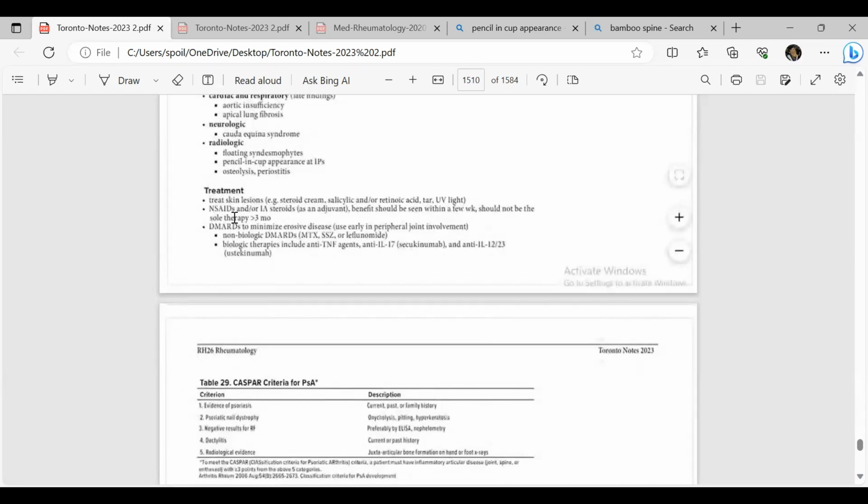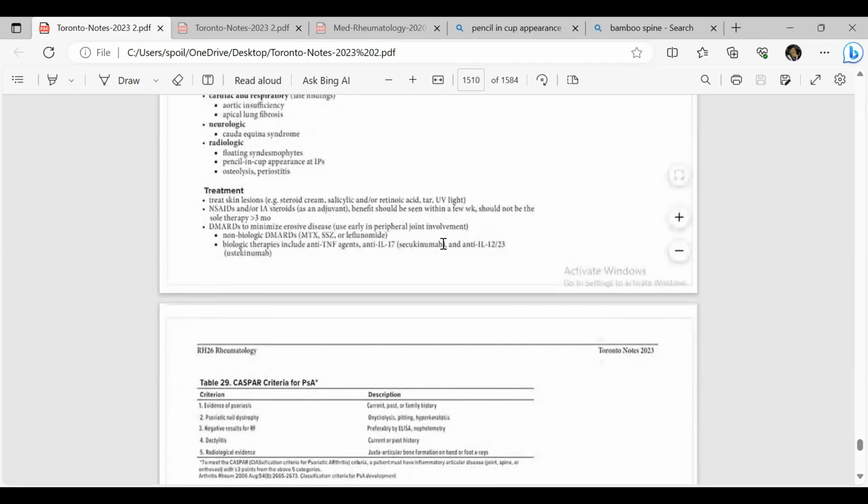Then DMARDs to minimize erosive disease.